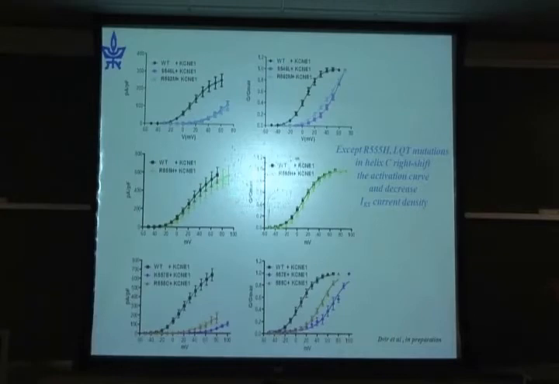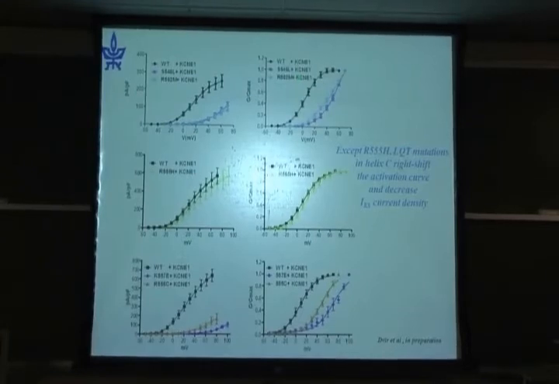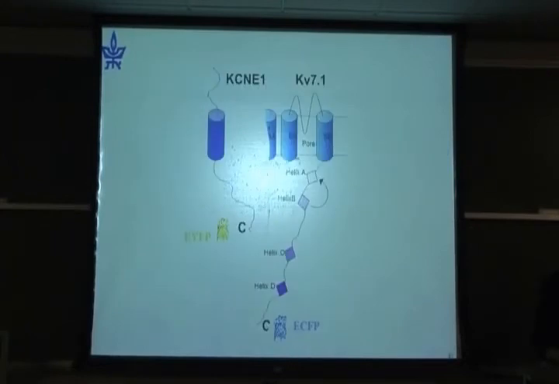We don't know why, but here we have much less current density, also for this mutant, and we have for this mutant also a shift to the right in the activation curve. This is right for the 557, 555C, and all these mutations. All of them are located in the coil-coil helix C.